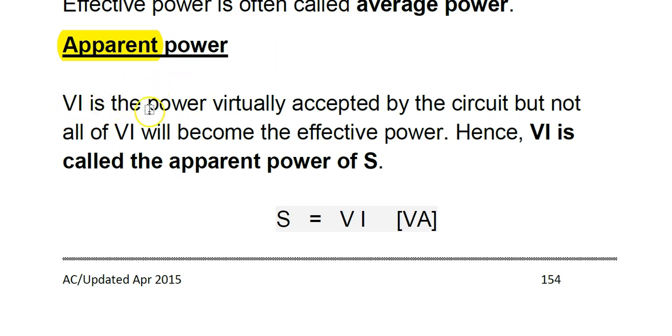So we say VI is the power virtually accepted by the circuit, but not all of this power will become effective power. So we use the term apparent power, or the symbol S. So S is calculated by just taking the magnitude or the RMS value of the voltage multiplied by the RMS value of the current.